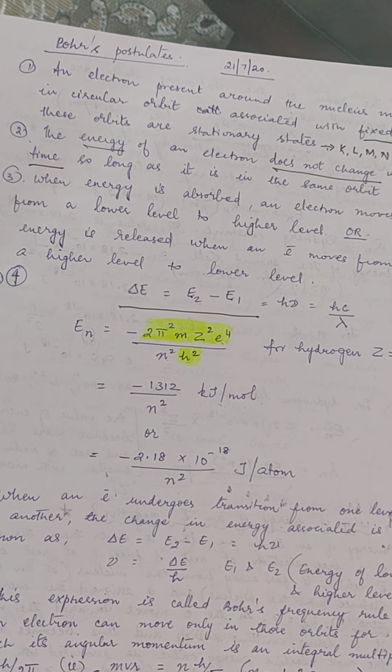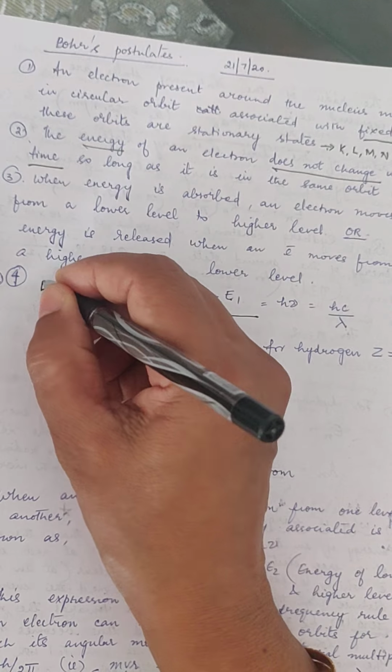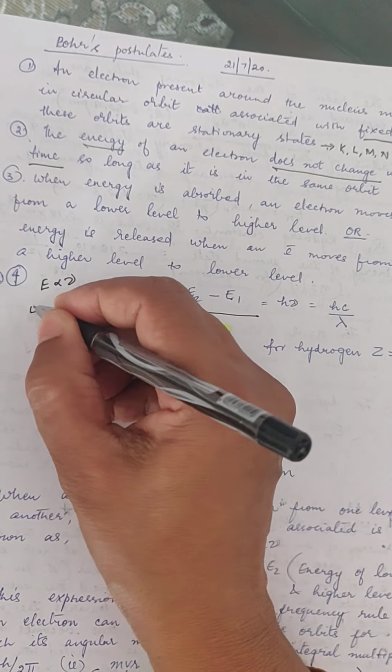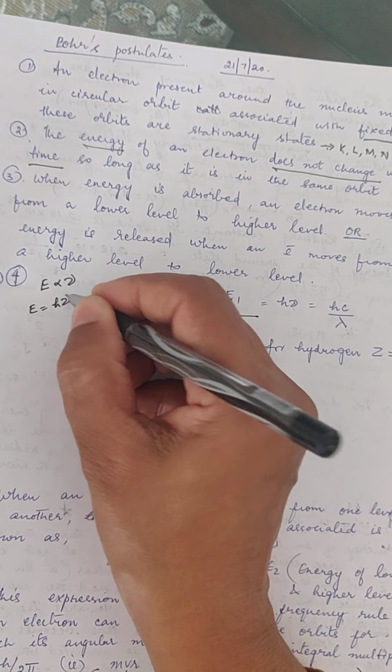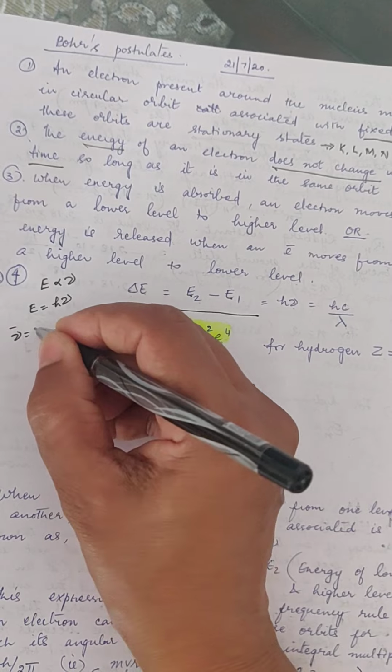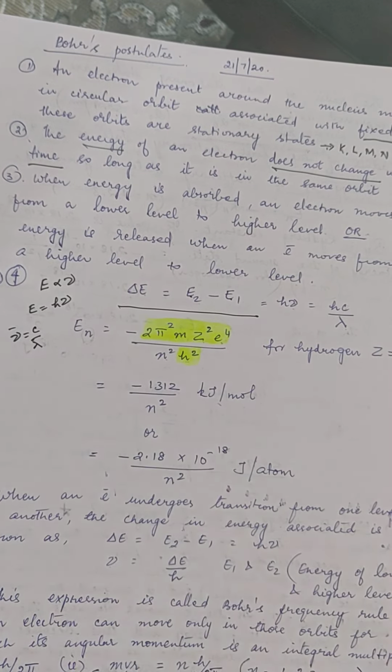And I told you in the previous lecture already that E is proportional to nu, or E = h nu, and nu = c upon lambda.